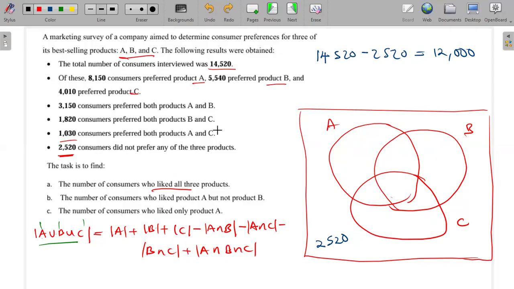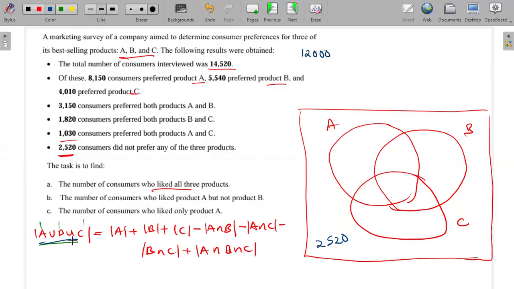So for the computation, we're going to use this top part here. We're going to have that our A union B union C, we found it to be 12,000. So those that chose at least a product, meaning that they'll be in the union. So that was the 12,000 which we had there.